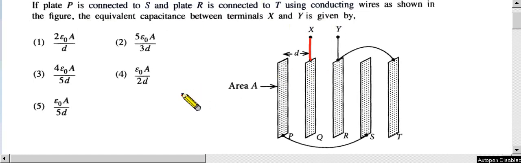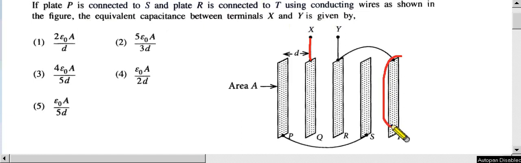Think that this is a plate, it has a left side surface and a right side surface. There are 2 surfaces for one plate. Only if it has 2 other plates at both sides do we have to consider both surfaces.